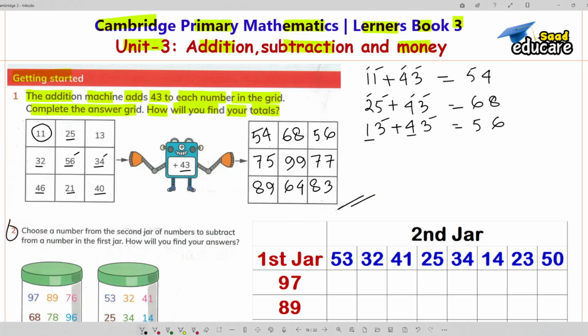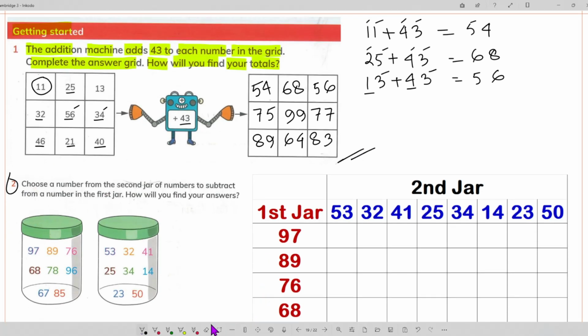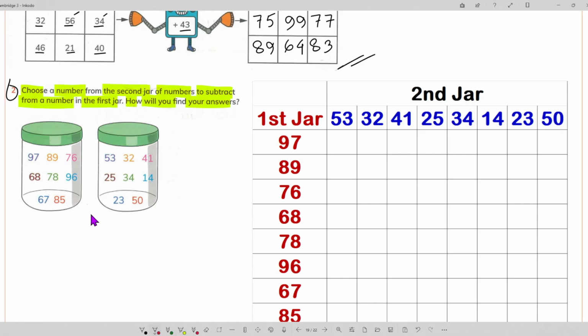Number 2. Here it says: choose a number from the second jar of numbers to subtract from a number in the first jar. How will you find your answer? So here, look, 97, 89, 76, etc. This is the first jar, right?